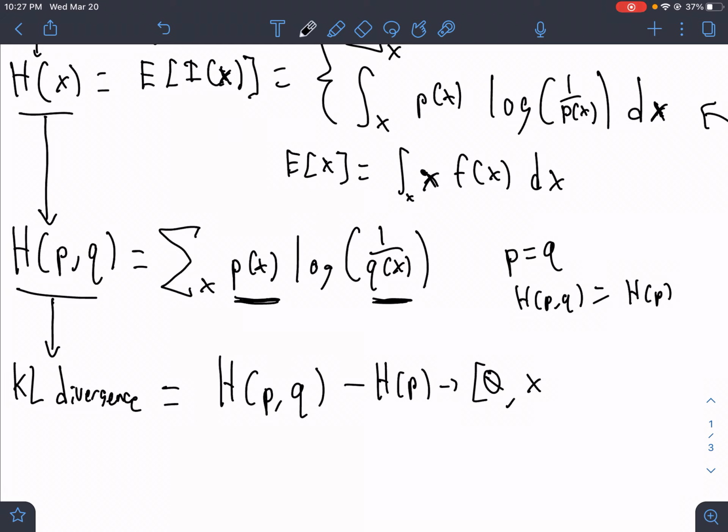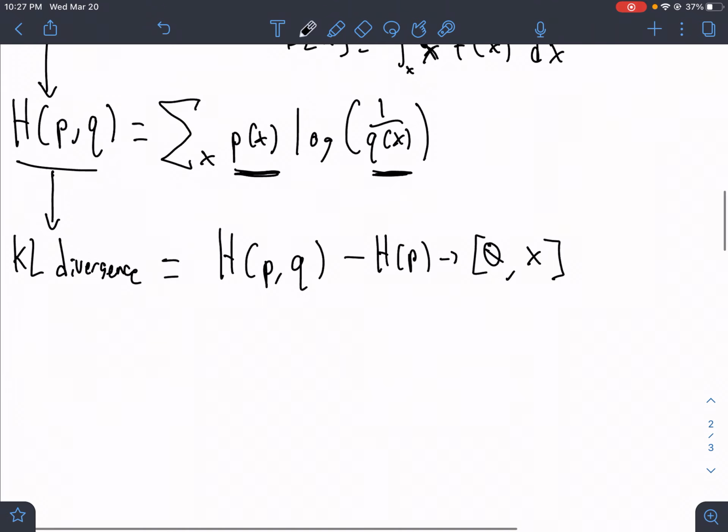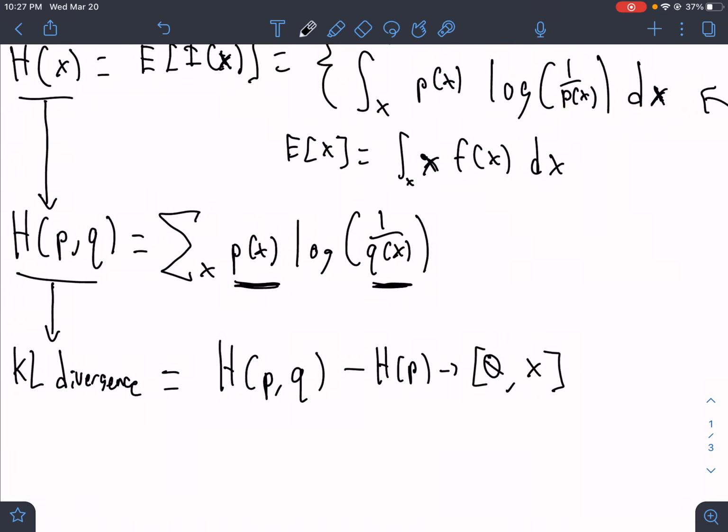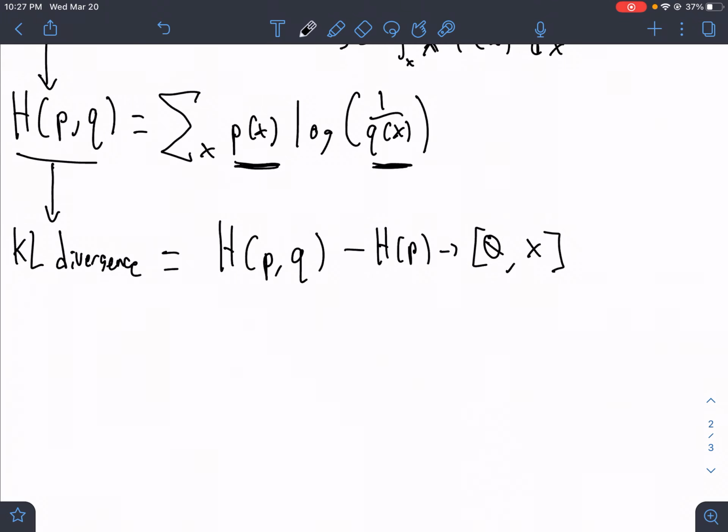The upper bound is different, and you don't really need to know that. But you can also think of cross entropy as sort of like an additional entropy when you add Q of x into a system, and then you can think of KL divergence as the excessive entropy. Either way, there's a lot of ways to think about KL divergence. One of the easiest ways is just the difference between cross entropy and entropy, right?